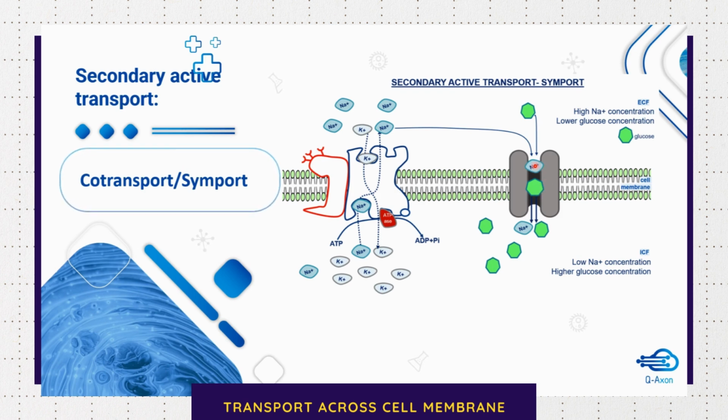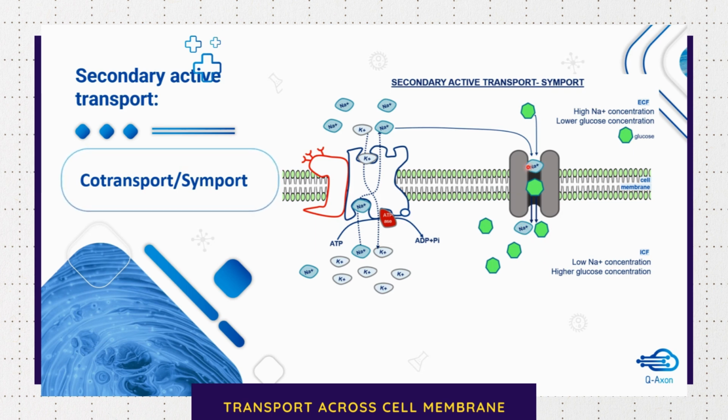It has binding sites for sodium as well as for glucose. So sodium will bind and glucose will also bind. When both of them bind, it will transport these substances from outside the cell to inside the cell. So what is happening? Sodium is moving from its high concentration to low concentration, but glucose is moving from its low concentration to higher concentration. That means sodium is moving along its concentration gradient while glucose is moving against its concentration gradient, isn't it?